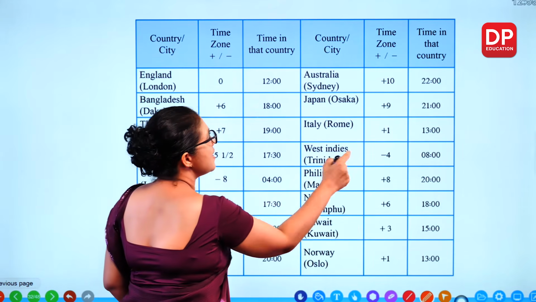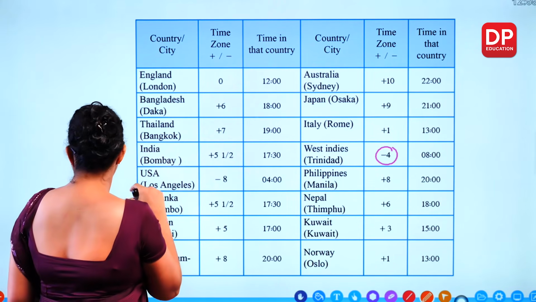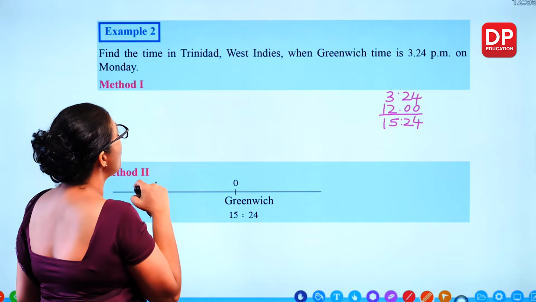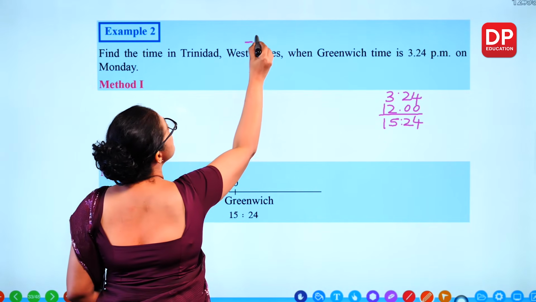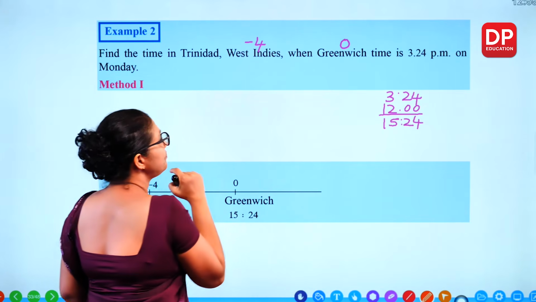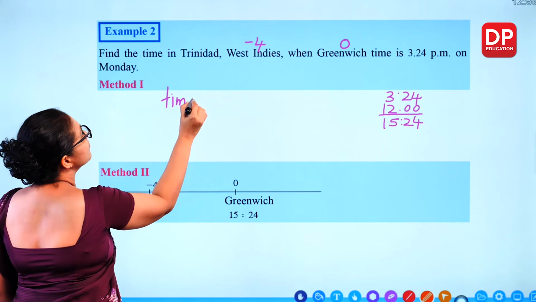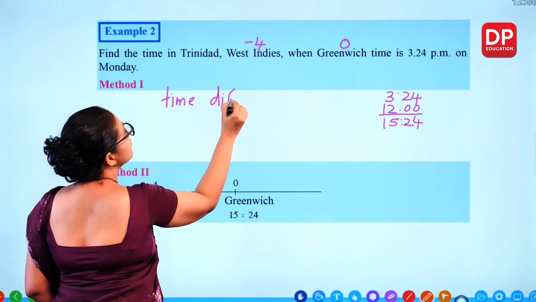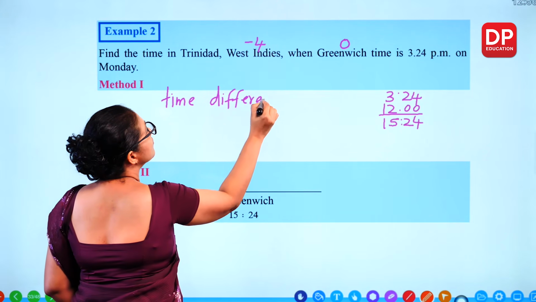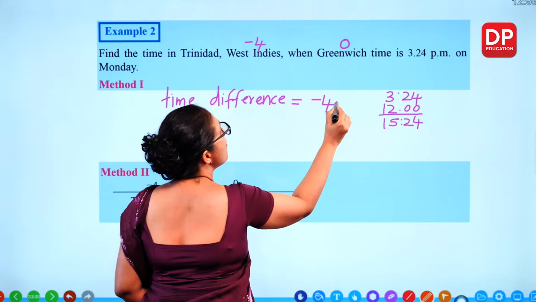West Indies is -4. So West Indies is -4. So you need to know that this is -4 and Greenwich is 0. So what's the time difference? -4 minus 0.